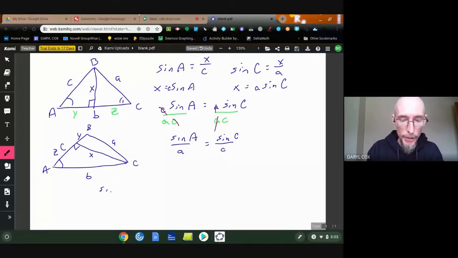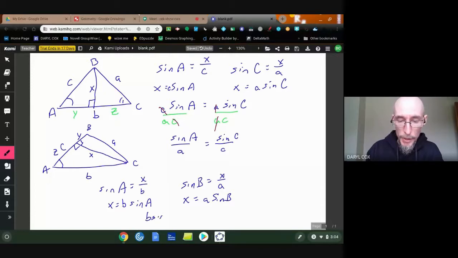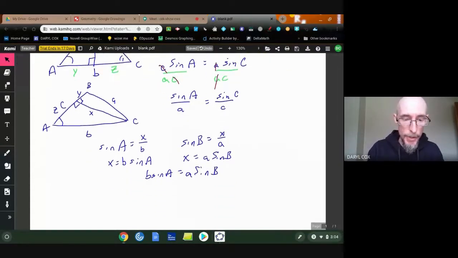So now the sine of angle A is opposite over its hypotenuse, which when I cross multiply gives me B sine of A. And the sine of angle B is the opposite, which is X, over its hypotenuse. Remember, the right angle is here, so the hypotenuse is A. Cross multiply: A sine of B. Which means B sine of A equals A sine of B, which now I can do the exact same thing.